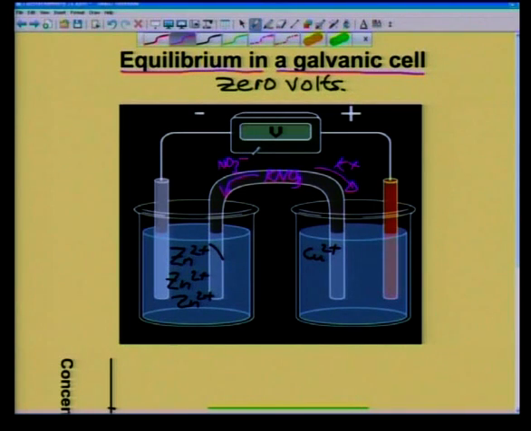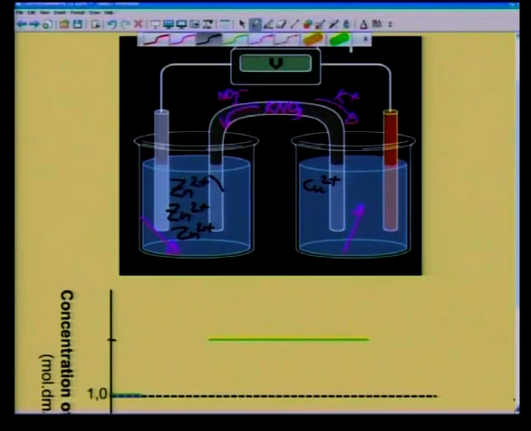Okay, now there would be a situation where as much of these ions get into solution, we have got as much of that going out of solution.